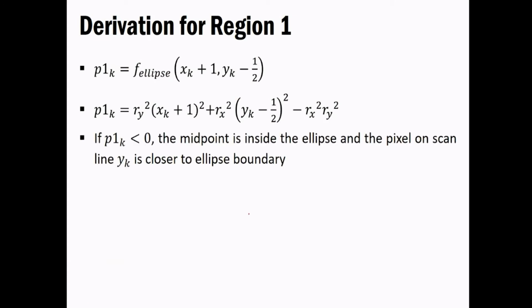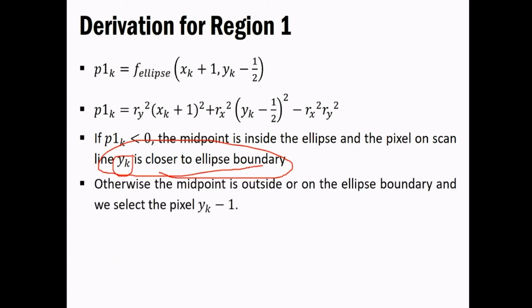Now, if p1 of k is less than 0, then obviously the midpoint is inside the ellipse, and the pixel on the scan line yk is closer to the ellipse boundary. So you have to choose yk instead of yk minus 1. But otherwise, if this is not the case, then you have to decrement this value by 1 at this particular point.